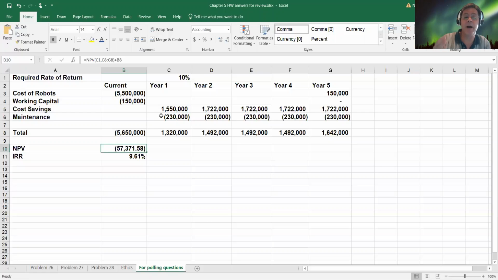But purely from this net present value perspective, and from the IRR perspective for that matter, you should hesitate at least to go forward with the robots. There would need to be qualitative factors that would argue in their favor significantly, and/or you need to look at other scenarios that might be considered more positive than this.